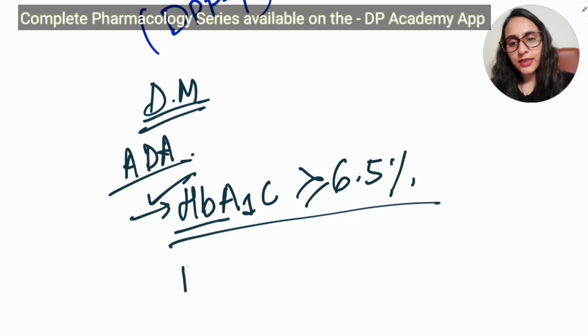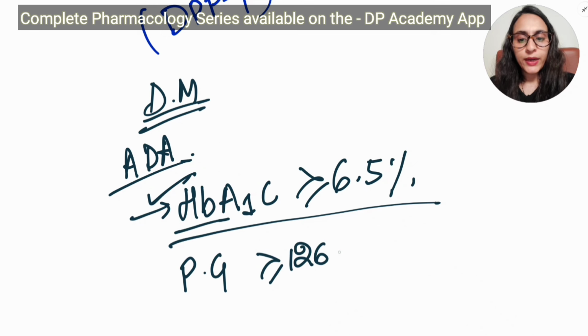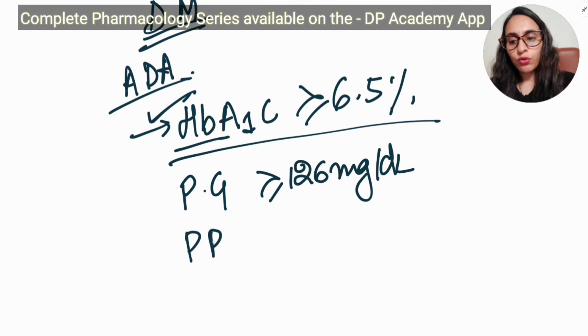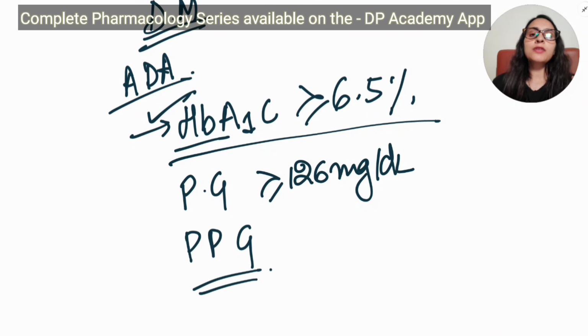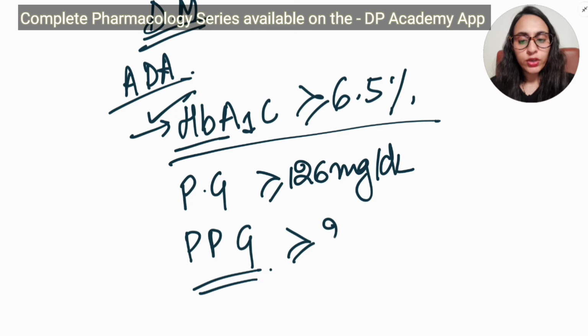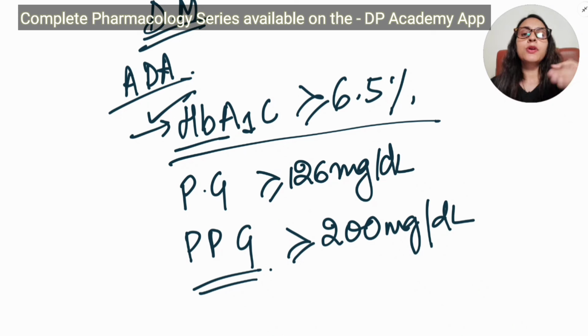Or if the fasting plasma glucose is more than or equal to 126 milligram per deciliter, or if the postprandial plasma glucose, which is when you do a glucose test 2 hours after a meal, comes to more than or equal to 200 milligram per deciliter, that means the person has a high glucose level in the blood, and we call this condition diabetes mellitus.